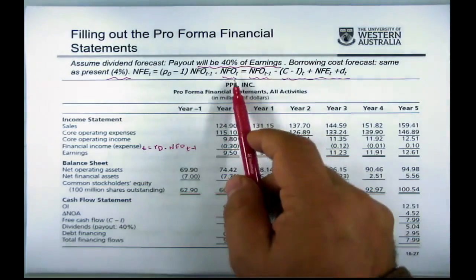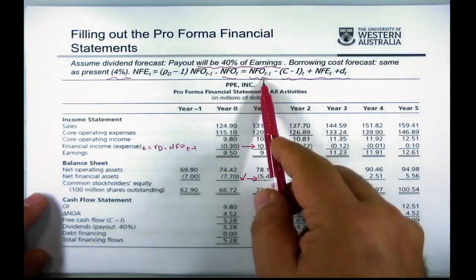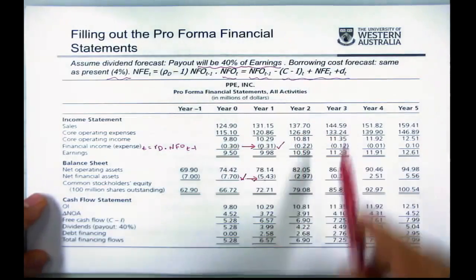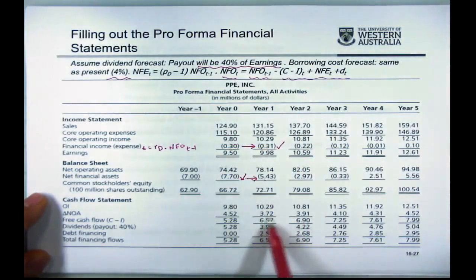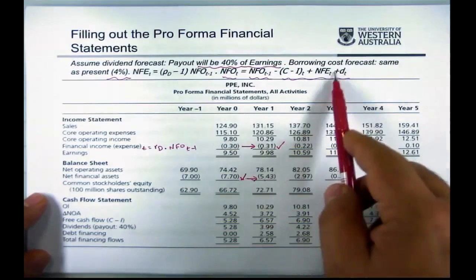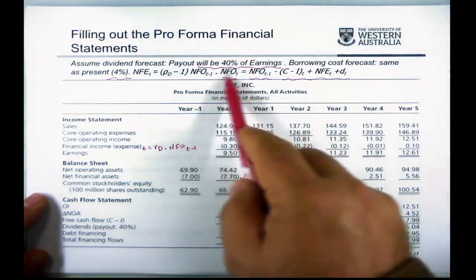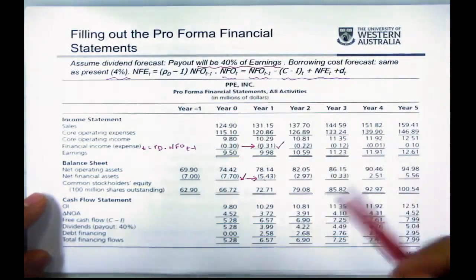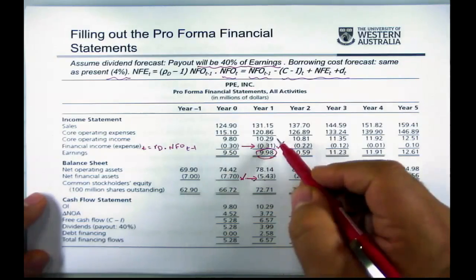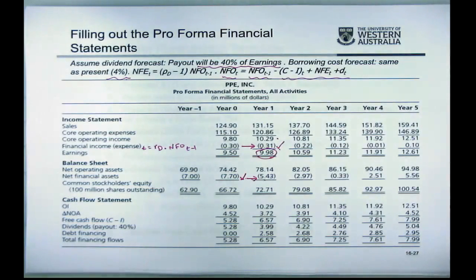So net financial obligations in year one are equal to the lagged one, NFO at time t minus 1, minus the free cash flow in this year, plus the net financial expense, plus dividend, where dividend here is equal to the payout ratio times the earnings. Remember, earnings here is equal to operating income minus net financial expense. Okay? Make sense?